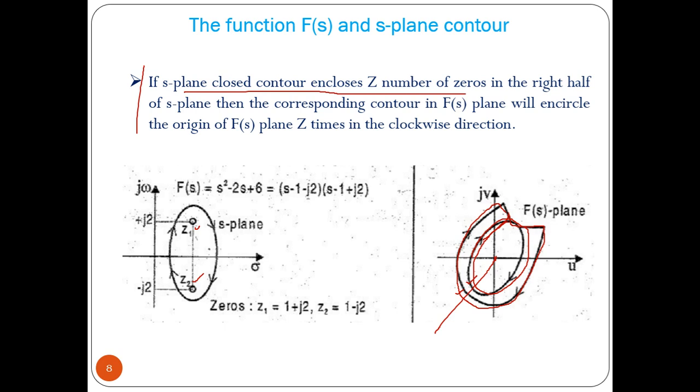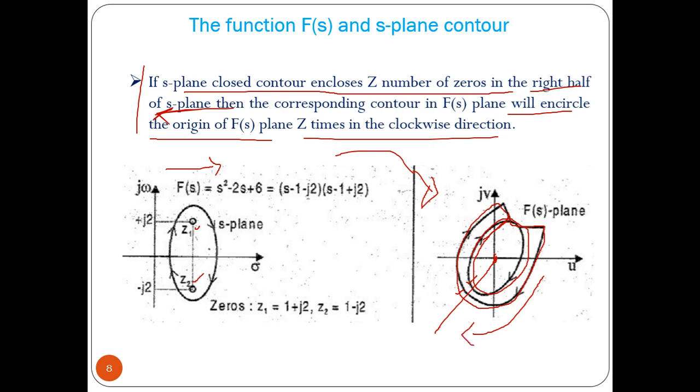So the concept here is, if the S plane contour, the closed path, encloses Z number of zeros in the right half of the S plane, then the corresponding FS plane will encircle the origin of the FS plane Z times in the clockwise direction.